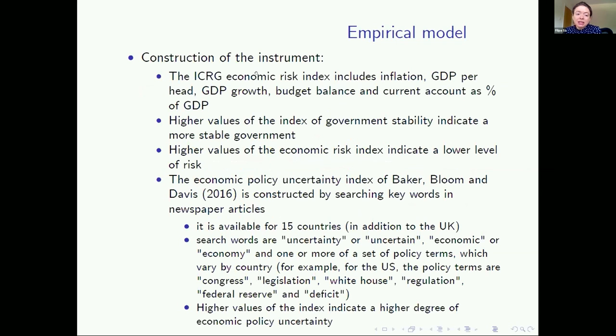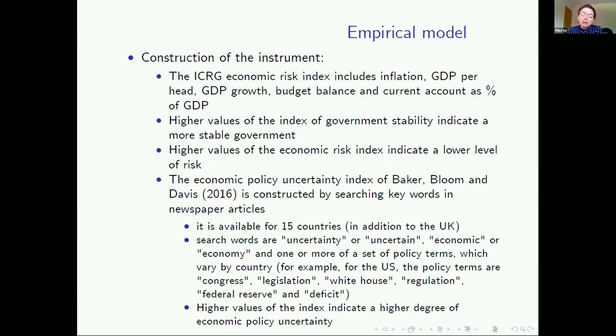This is just telling you a bit more about the construction of the instrument. The International Country Risk Guide economic risk index includes different measures like inflation, GDP, etc. The index of government stability is basically measuring what it says: higher values of the index indicate a more stable government.